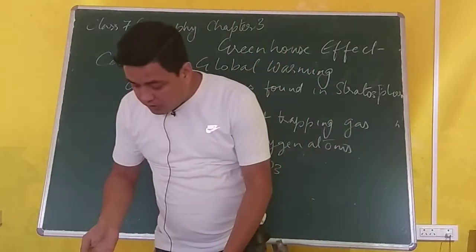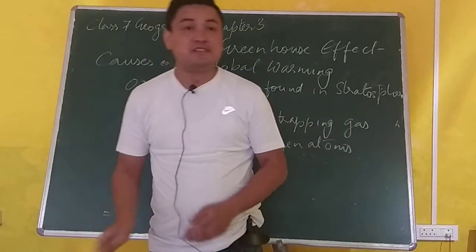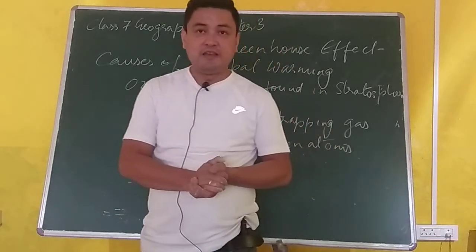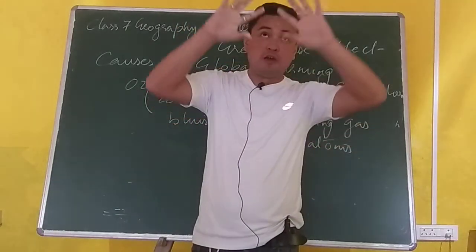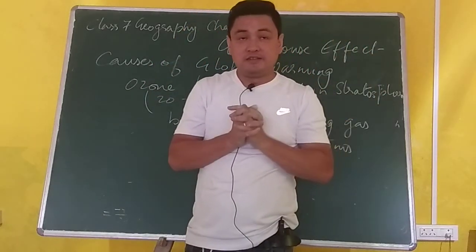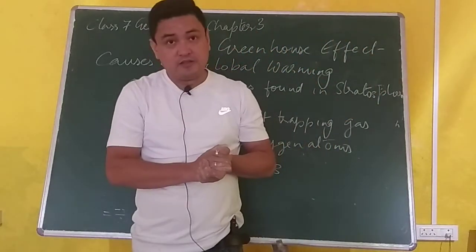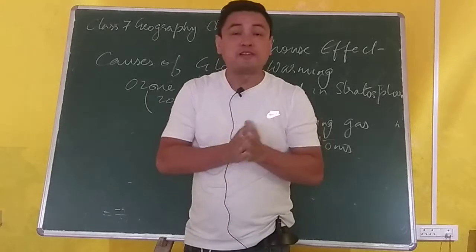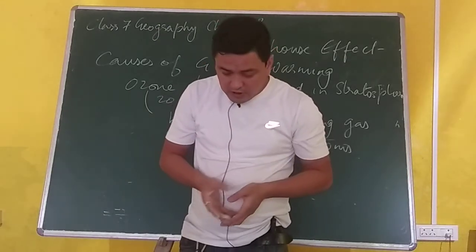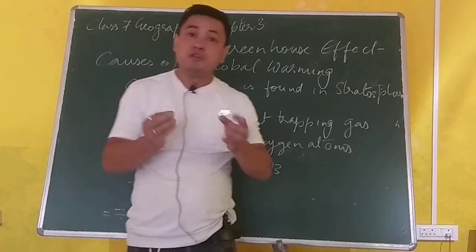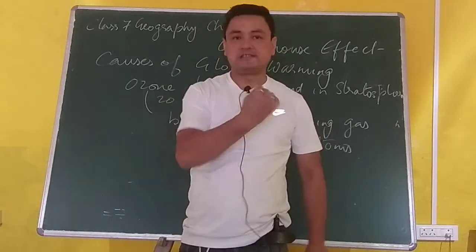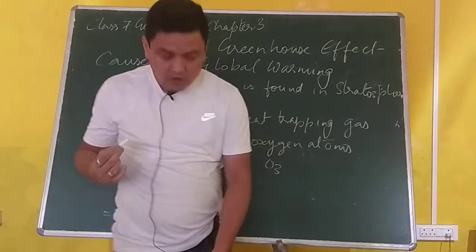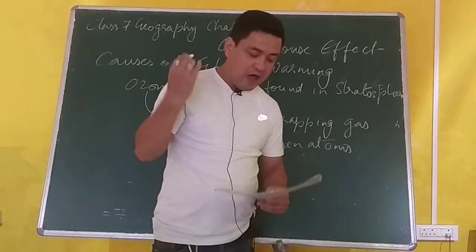Now, what is the cause of this layer getting eaten away? We have a hole in the sky, in the ozone layer, in the Arctic Circle. So what is the reason for that? The reason is human activities. The reason is us. Okay, advancement and human activities.